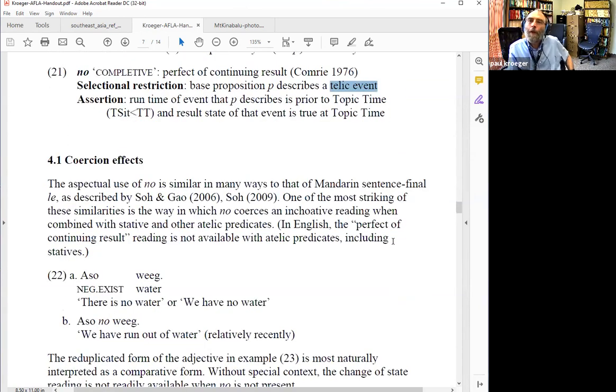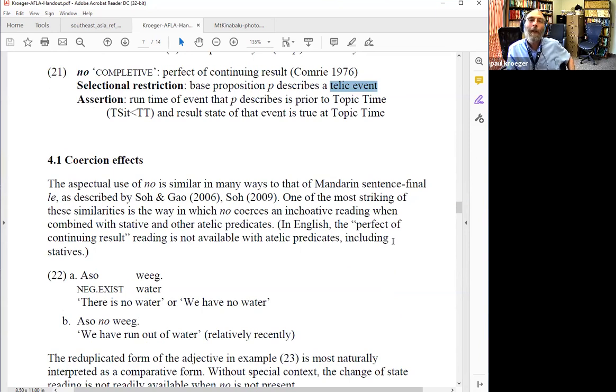With the English perfect, we can't even get the continuing result reading most of the time with an atelic predicate. What happens in Kimaragang is that you get coercion effects to turn the atelic predicate into some kind of telic interpretation. And the interpretations that arise are very, very similar to the Mandarin sentence final particle le.